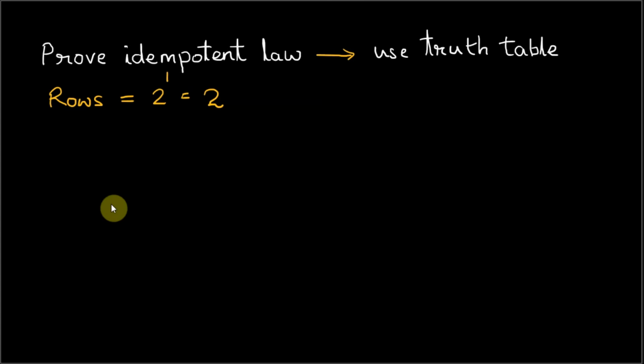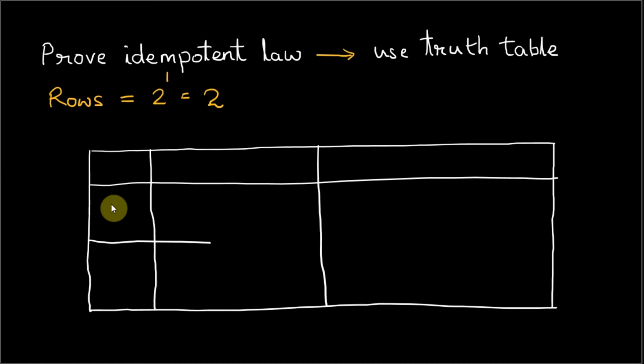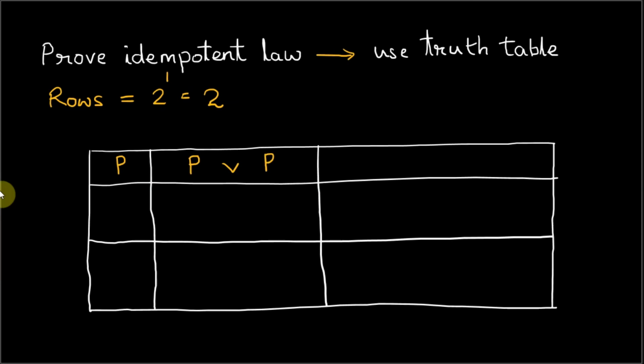So let me draw the table first, and I will pause for a few seconds while I do that. The columns are P or P and P and P. Enter values for each column one by one.